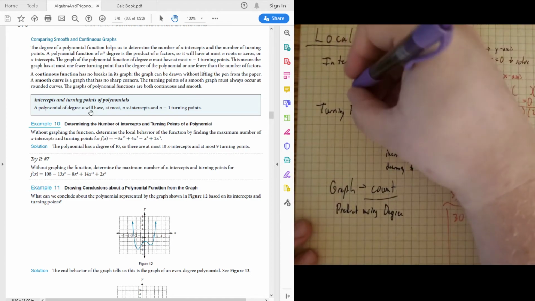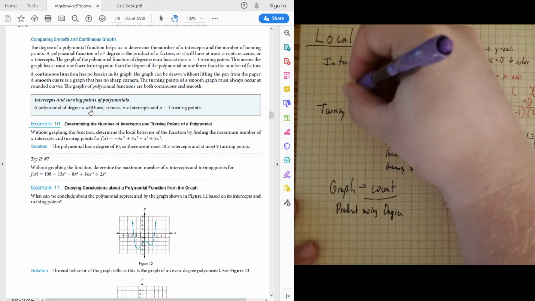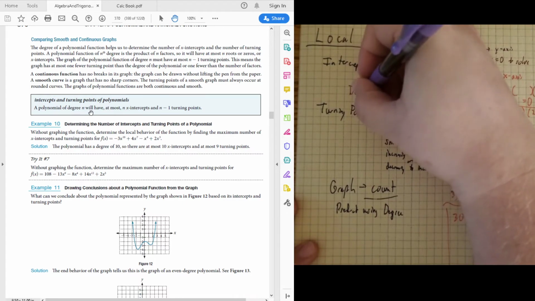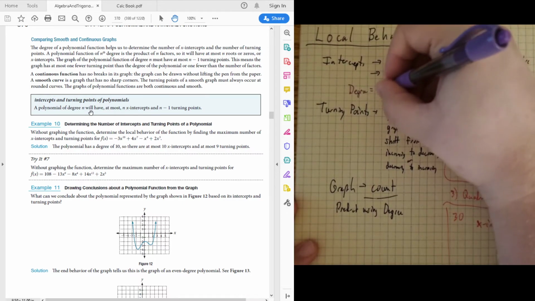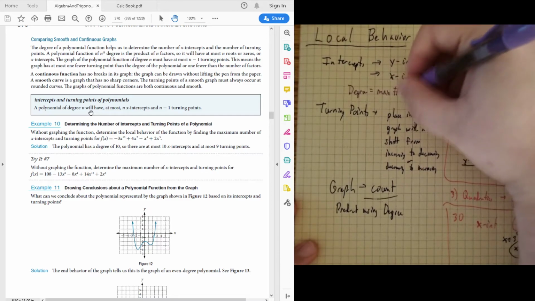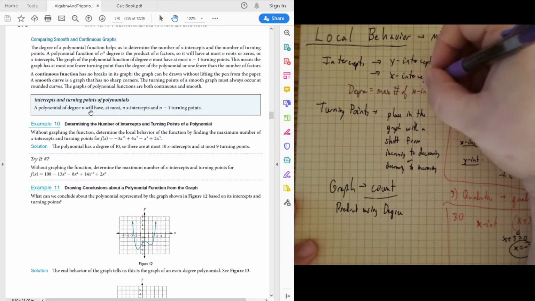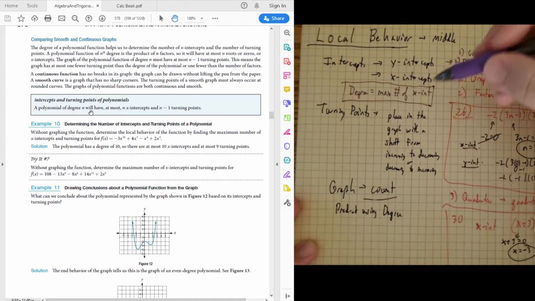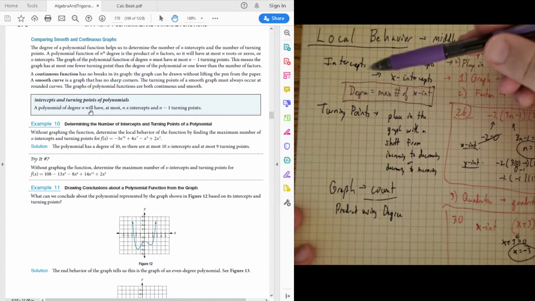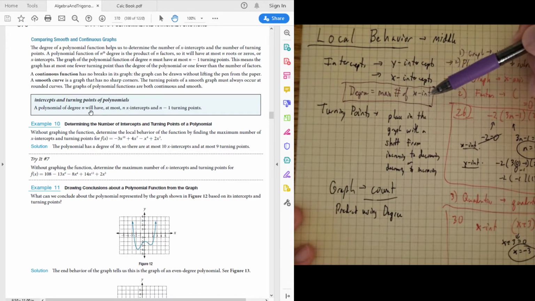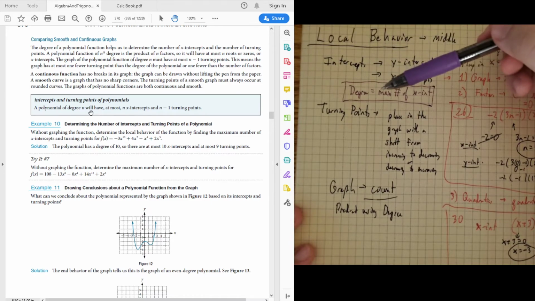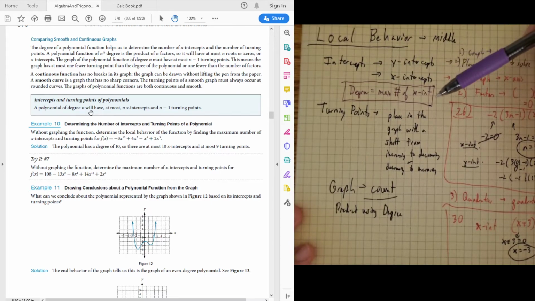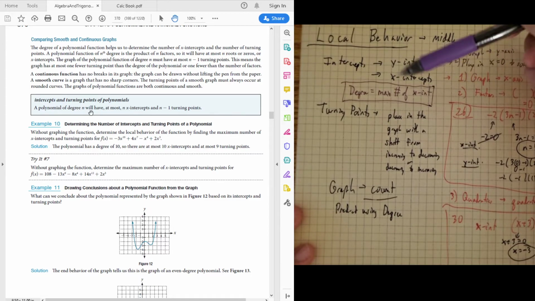So for intercepts, this is always the case. If you're asked a question about intercepts, the maximum number of x-intercepts is equal to the degree. And so you can make predictions about what the degree is by using the number of intercepts, and you can make predictions about the number of intercepts by using the degree.